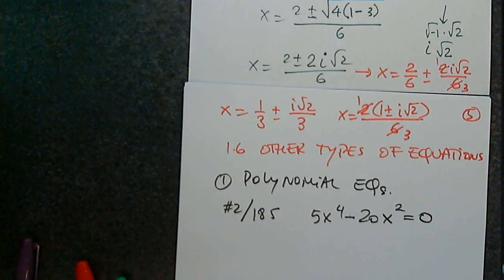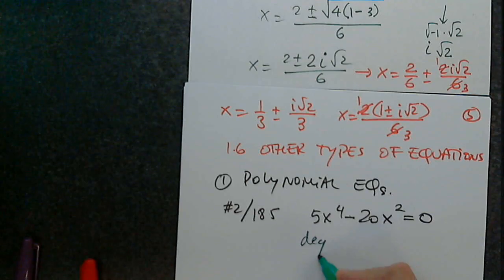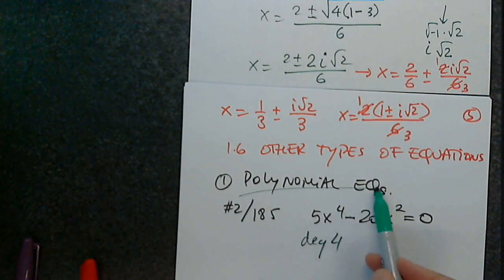Perfect. Okay, so I'm looking at the left-hand side and I say, I see a polynomial. What is the degree of this polynomial? 4, degree 4.